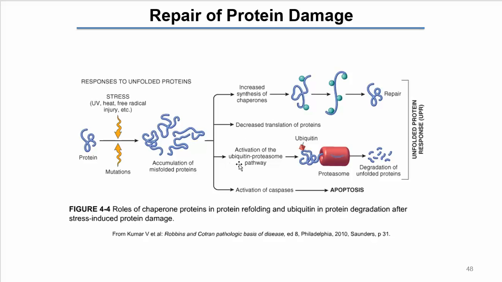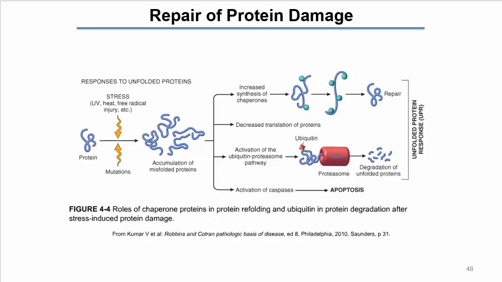If you can't repair, then the ubiquitin binds to them, goes to the proteasome, and degrades it into the amino acids that can be used. These things are reversible. If there's too much accumulation, then the caspases will activate, and it'll trigger apoptosis, and the cell will die.